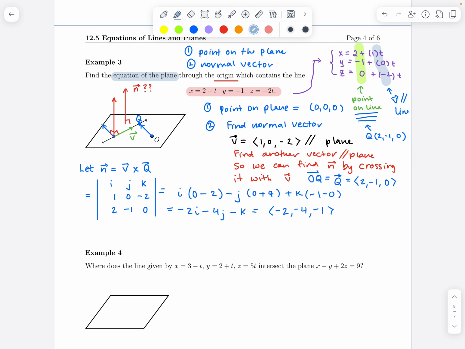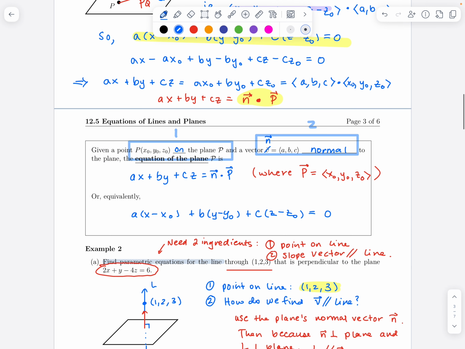This is exactly what our first ingredient was, or sorry, our second ingredient. So we have our normal vector and we have our point on the plane. And so I just use my equation of a plane, which says you take the coefficients, so the coefficients of x, y, and z are exactly the entries in the normal vector, and that's equal to dotting the normal vector with a point on the plane.